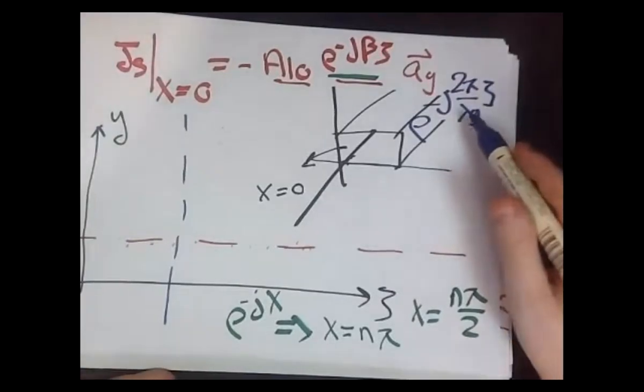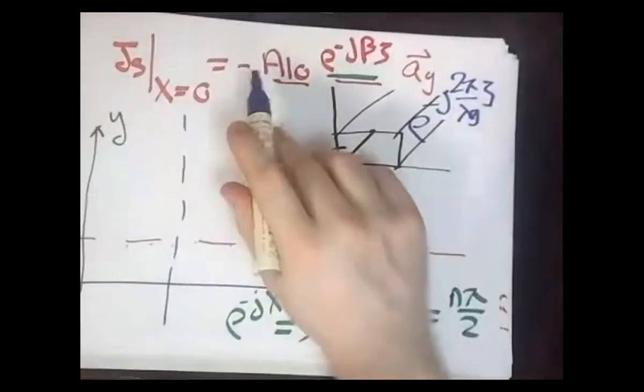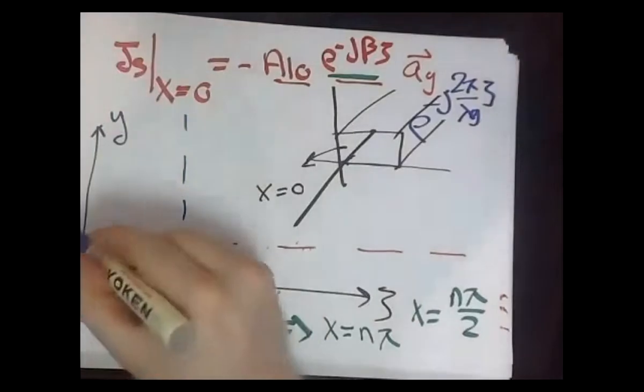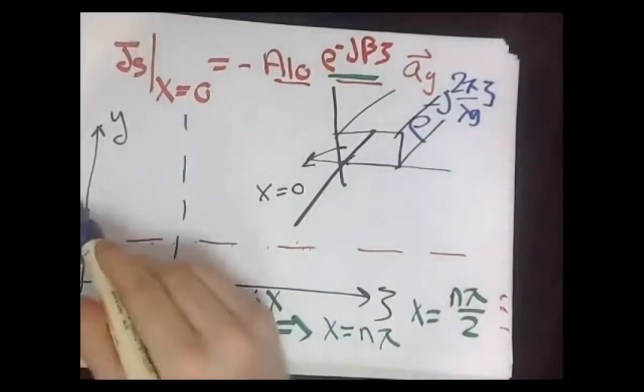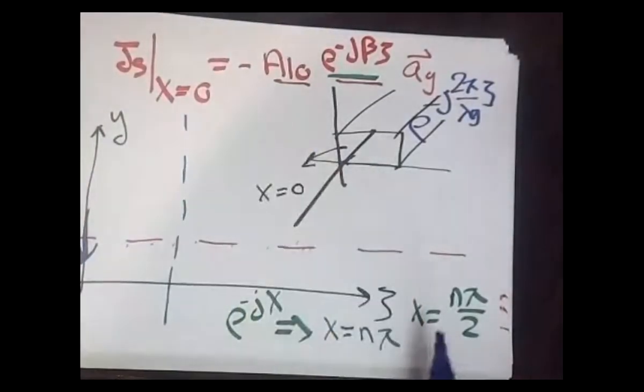This maximum will be directed into the negative ay, because your magnitude has a negative sign. So you will have a function like that: a maximum directed downward, because we have a negative sign here.